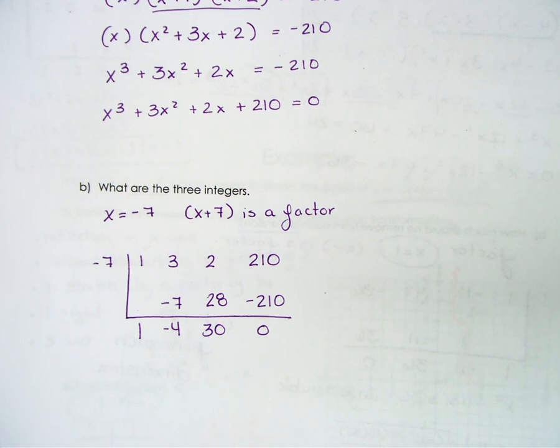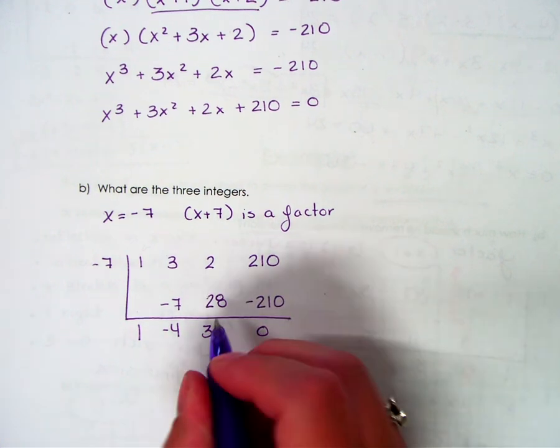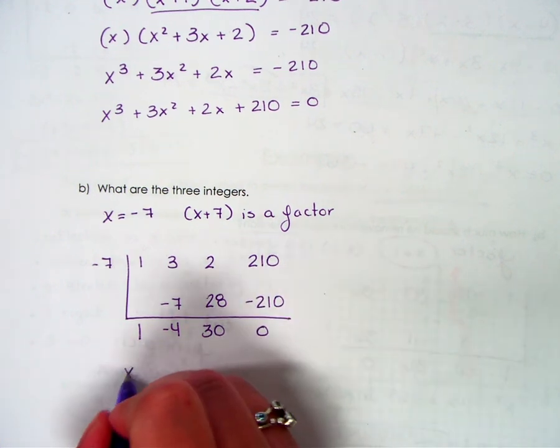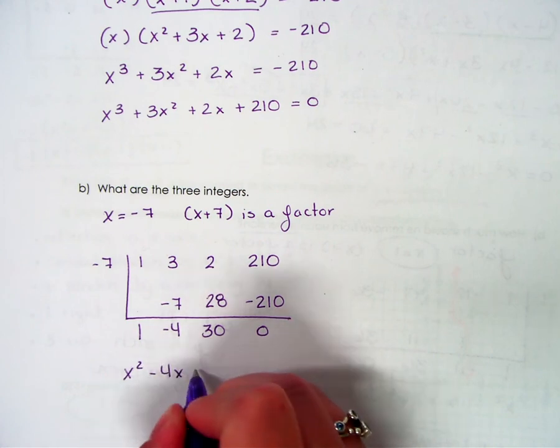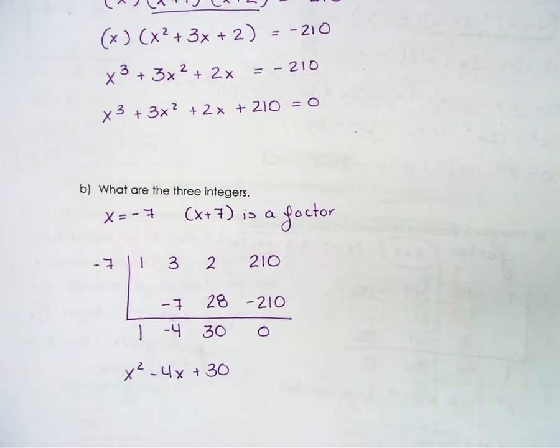Am I using it wrong? Negative 7 works. Okay, can we factor that?